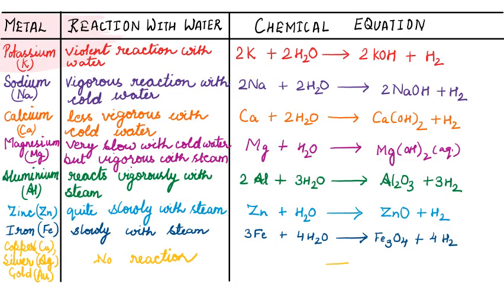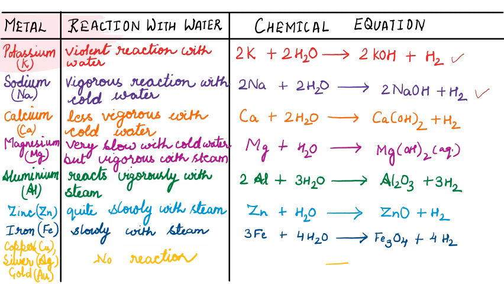This is the summary how metals react with water and what are their chemical equations. Let's have a quick recap. The first case is of potassium, which reacts vigorously. It shows a violent reaction with water and potassium hydroxide is formed. Then second, sodium. It also reacts vigorously with cold water and forms sodium hydroxide with the release of hydrogen gas.